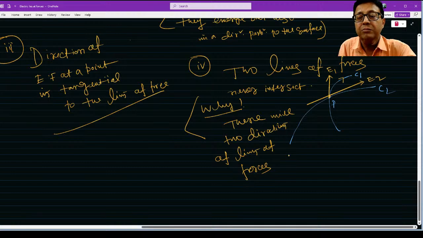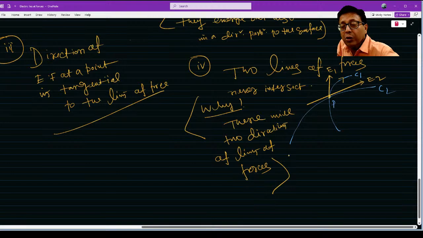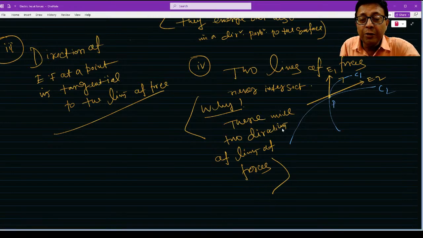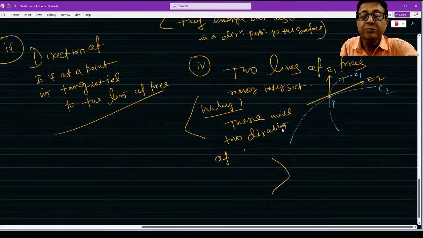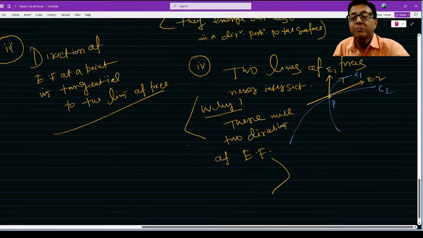Otherwise, there will be two directions of electric field, better to say. Two directions of electric field. That is not possible.